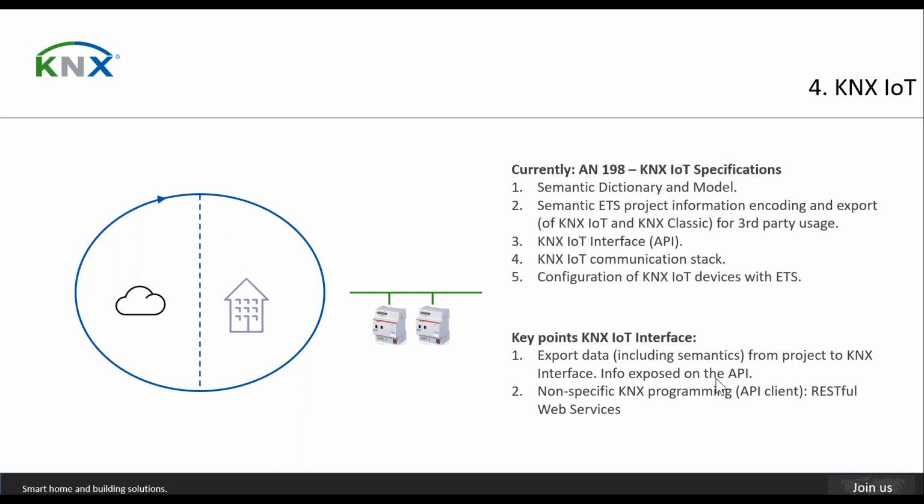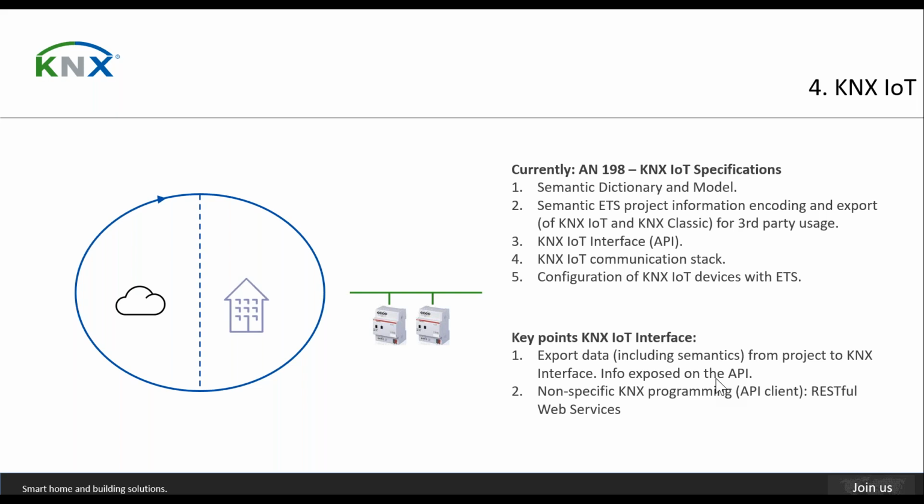So there are several pieces that are required to achieve this. First, the information from the KNX project is exported to this KNX IoT interface. It uses a semantic dictionary, which is also in the specifications. This is important because it adds information to the KNX project.